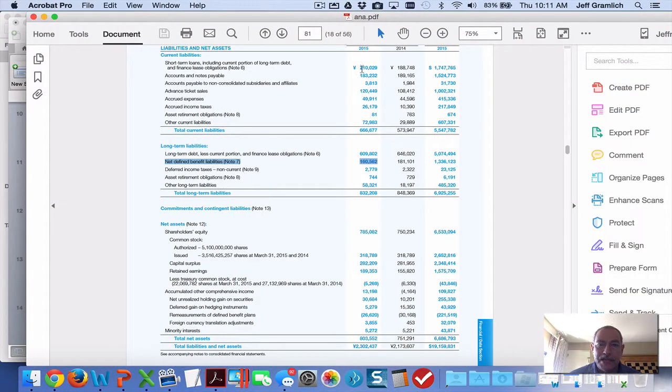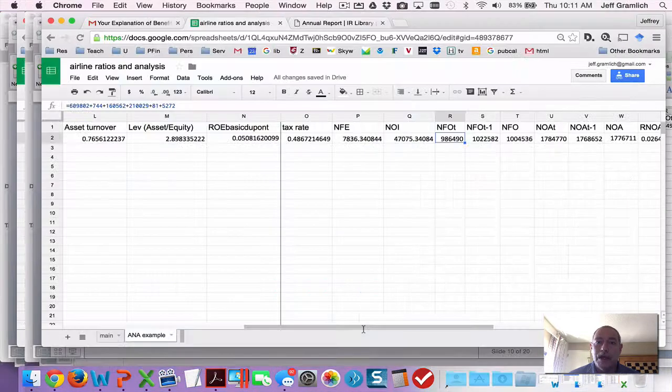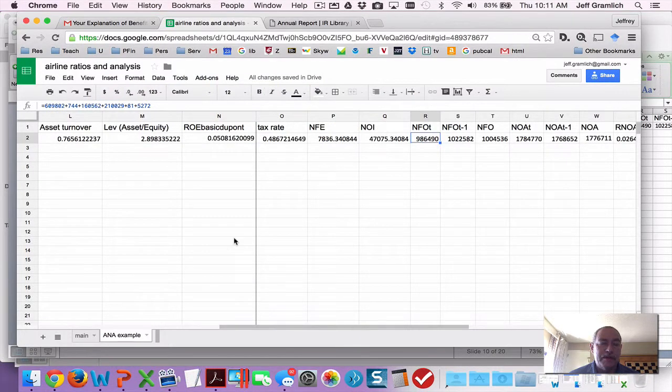And that's the 210,029 for the short-term loans, as well as the asset retirement obligations of 81. And then we're going to include the minority interest, because they also have to be taken care of. And so that's going to be the 5272. And then you want to do T minus 1. That is last year. T is this year.